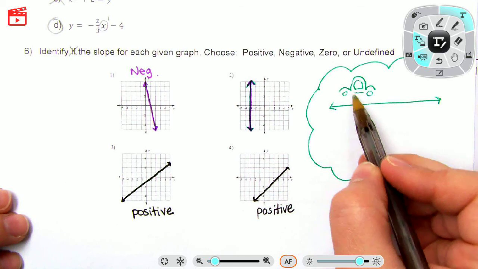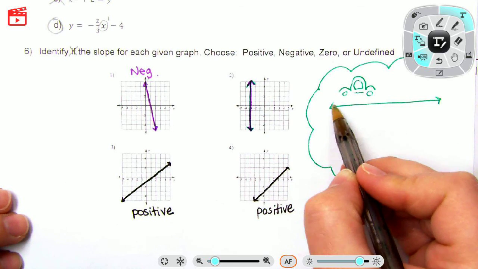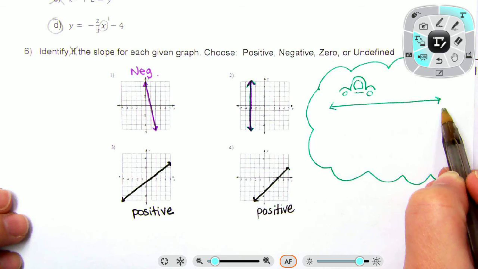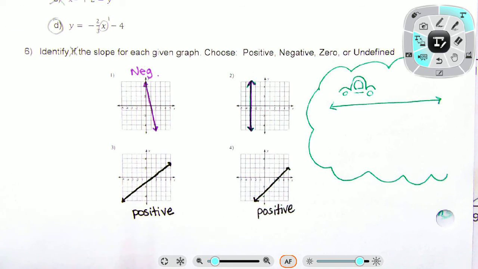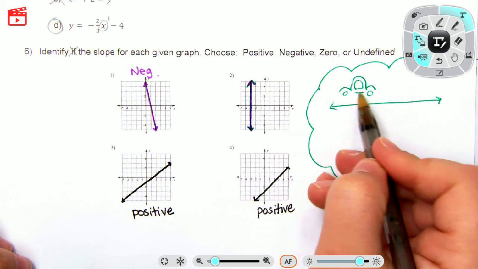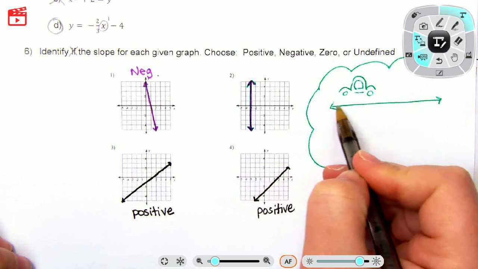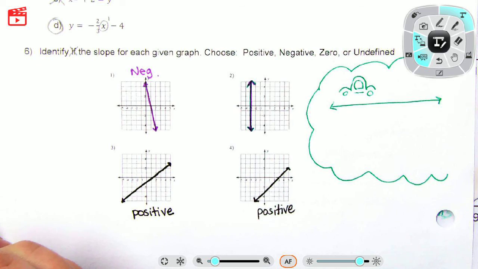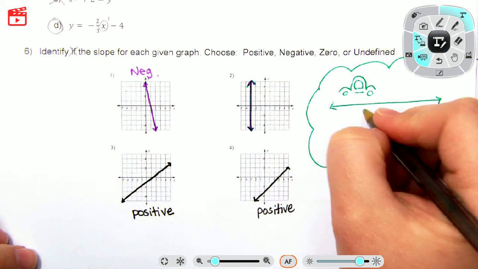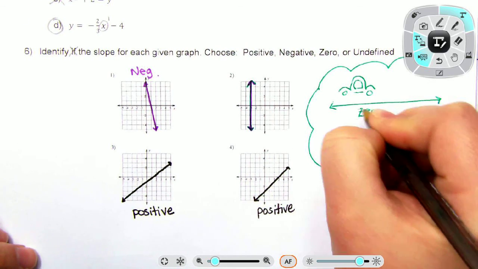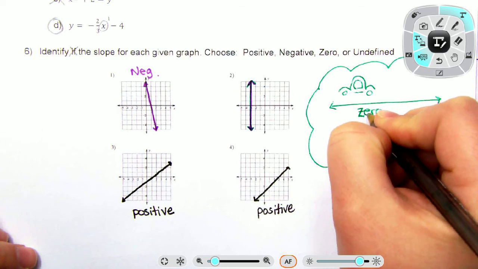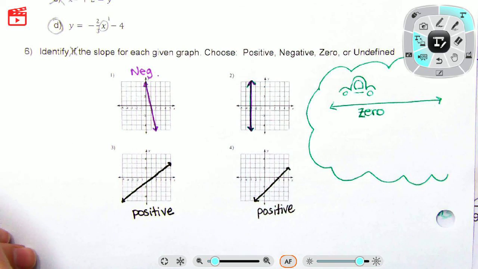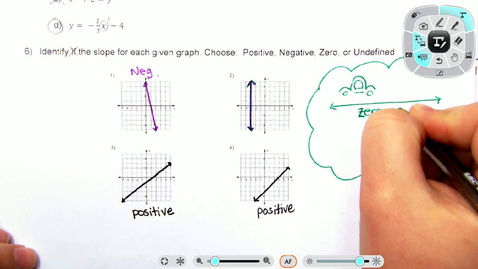There's no gas in this car, and you are on a very straight horizontal line. What is your speed? Well, your speed is 0 because you are not moving. Your speedometer would say, hey, it's 0. So this is a 0 slope.